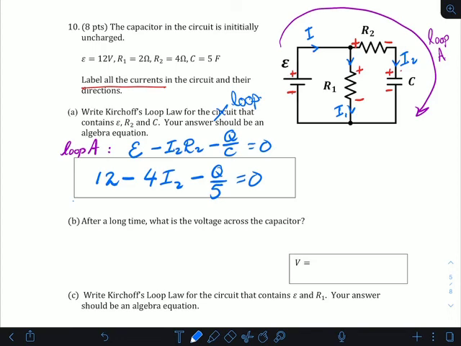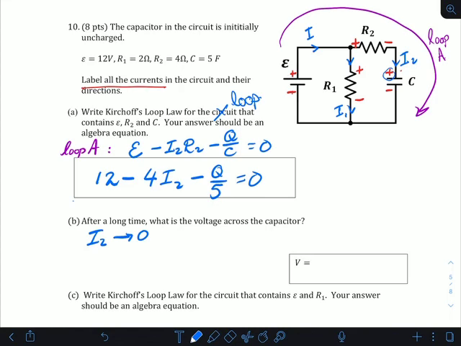After a long time, we know eventually the capacitor is going to be full of charge, and pretty soon it won't be able to take any more charge. It gets crowded. So after a long time, the current I2 is going to approach zero. It's going to shrink down to zero because charge basically can't flow anymore. It's like crowded over on this positive plate of the capacitor.